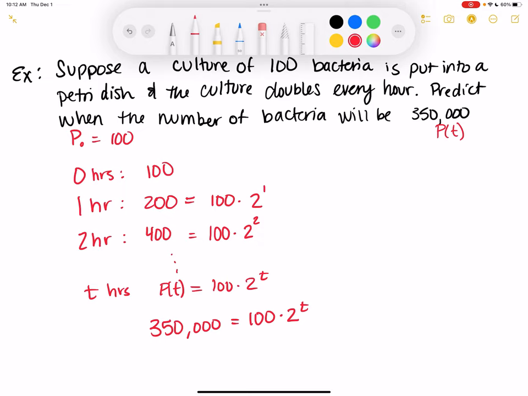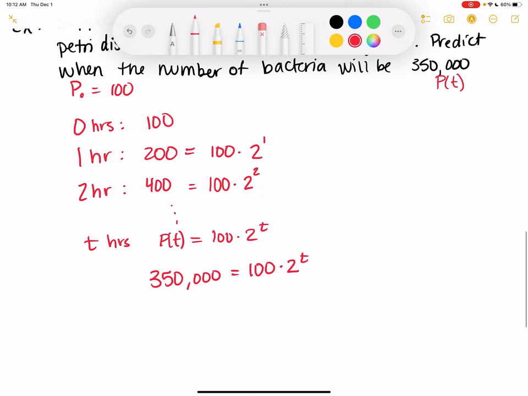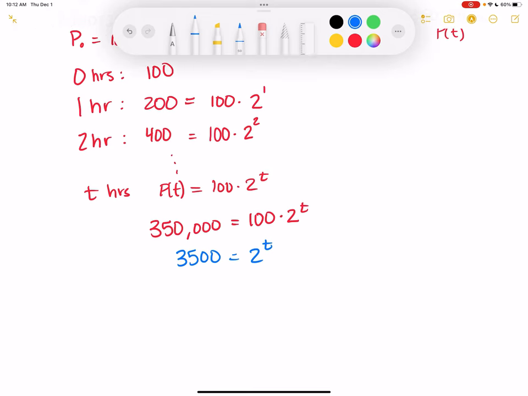So we divide by 100. So that gives us 3,500 is equal to 2 raised to the t. Skip a line or two and then flip it. So do the 2 raised to the t equals 3,500.